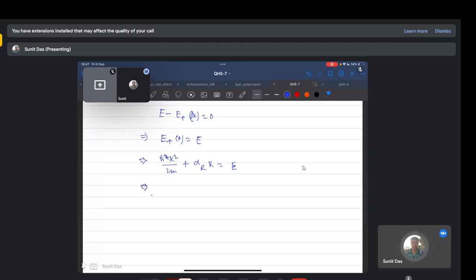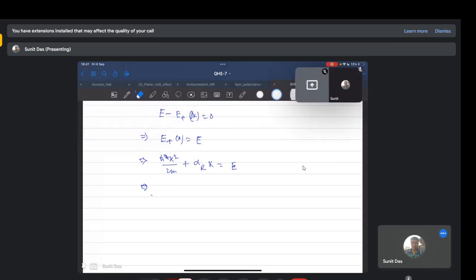This is a quadratic equation, so k square plus 2m alpha R by h bar square k minus 2m E by h bar square equal to 0.